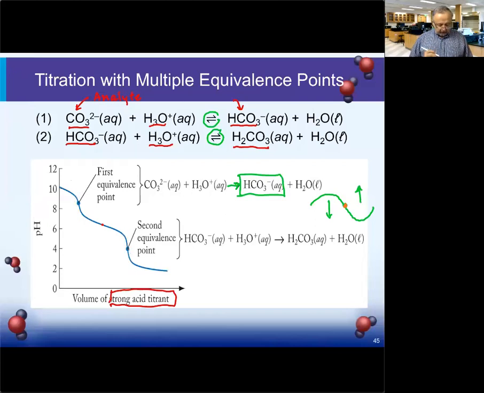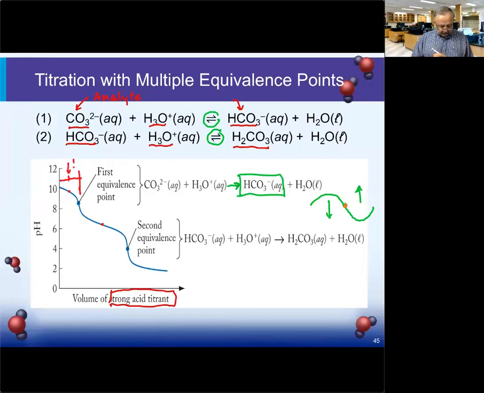So what you're also going to see are the midpoints, and the midpoint is here. The other midpoint will be right here. Again, this is halfway through the addition of acid to reach the first endpoint.